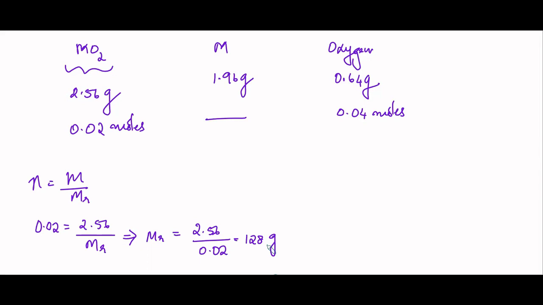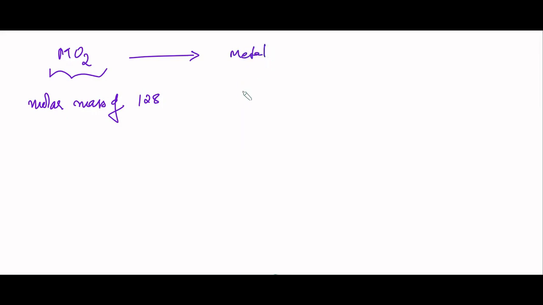We have to go ahead one more step. We have to calculate the molar mass of the metal. So MO2 has a molar mass of 128. Now in this compound, I am having metal M having an atomic mass of AR.